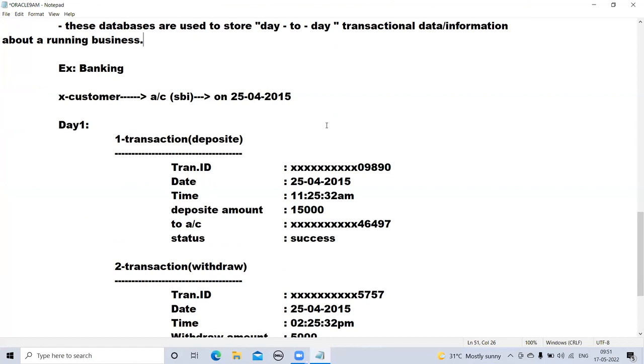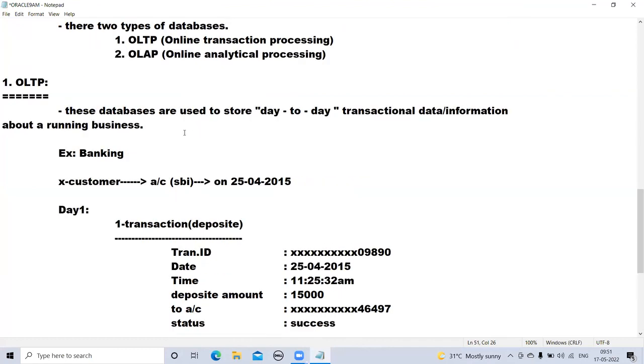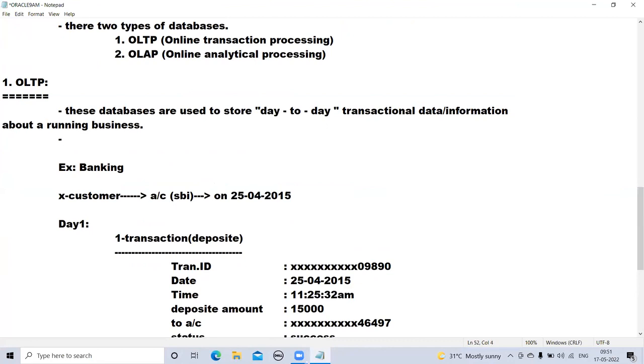But on these OLTP databases, which kind of activities can we do? Those are called live operations we can perform here. The live operations are insert, update, and delete. These are the live operations we can perform on OLTP.